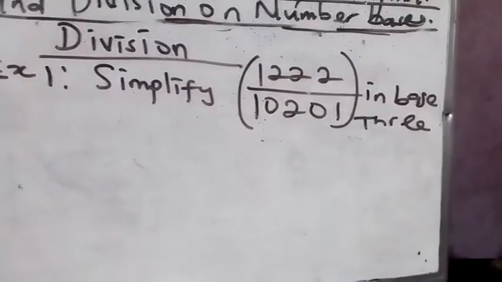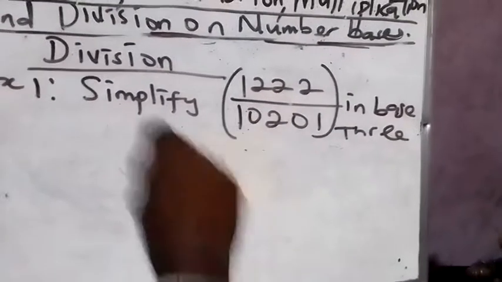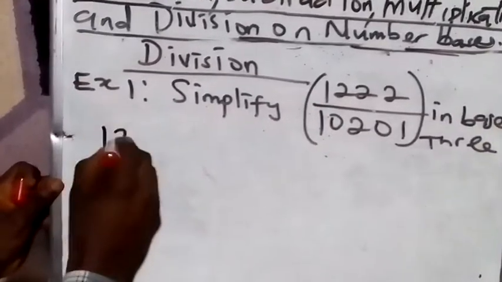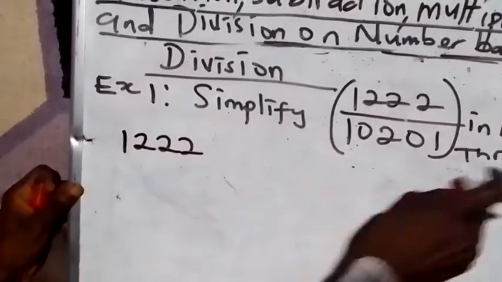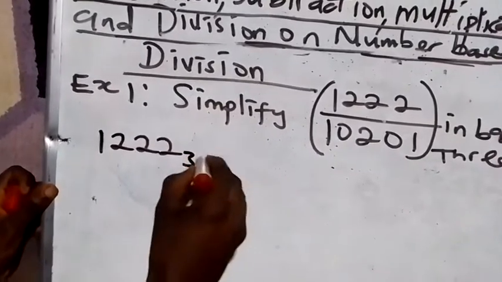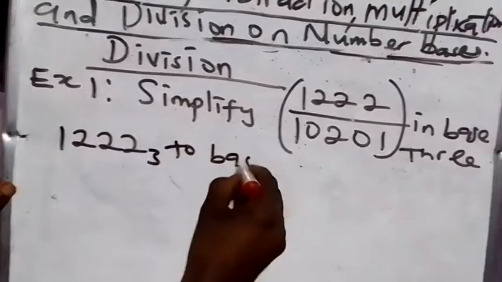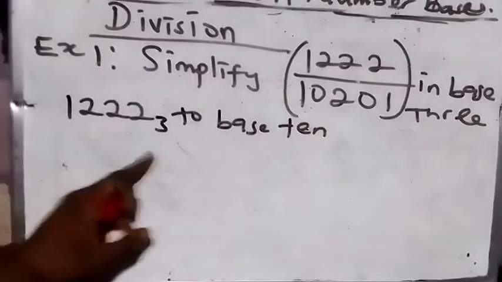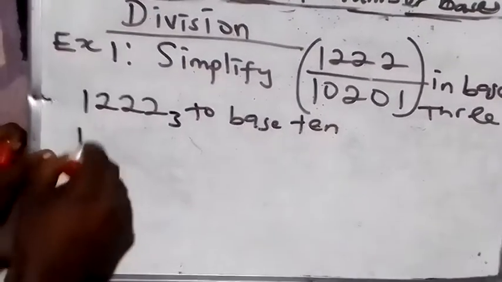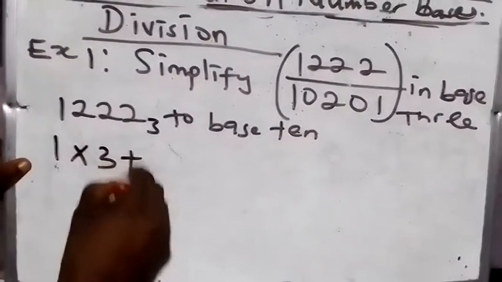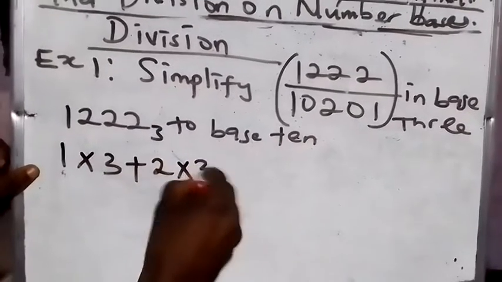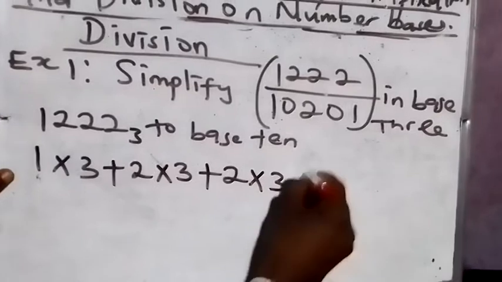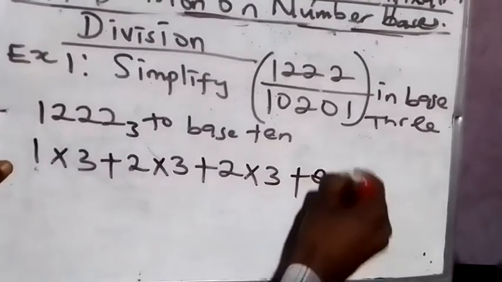And I told you, if you are converting anything from any base to base 10, you multiply. So the numerator is 1222 base 3 to base 10. That will be 1 times 3, plus 2 times 3, plus 2 times 3, plus 2 times 3.